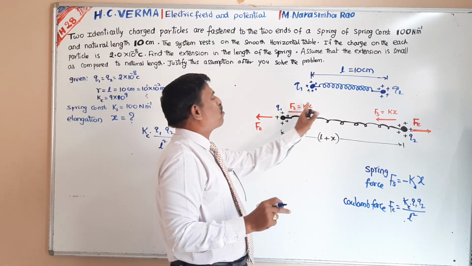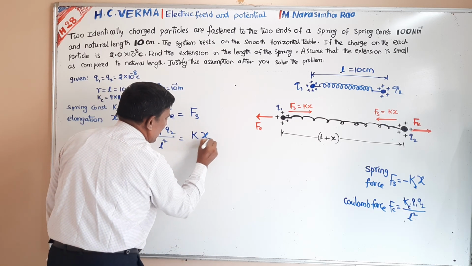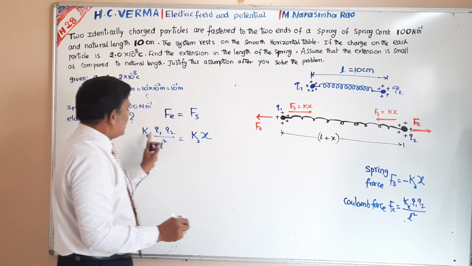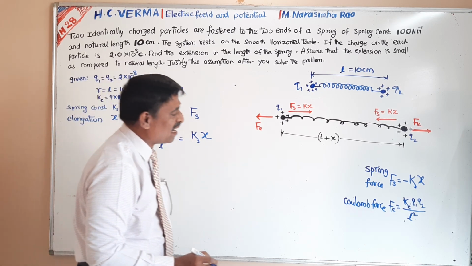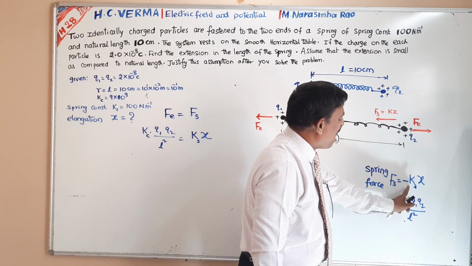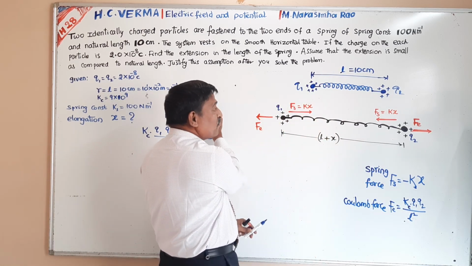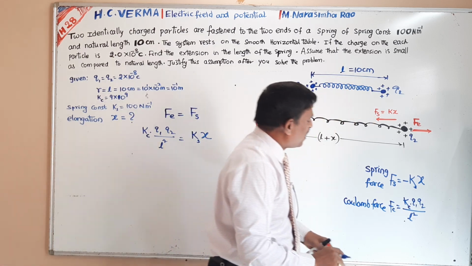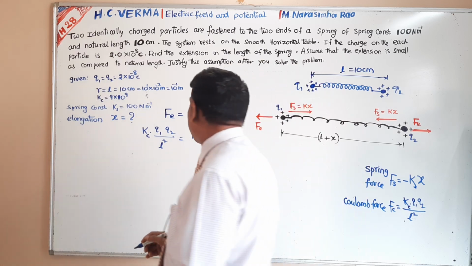The spring force formula is kx. This constant K belongs to the spring, and the other constant belongs to electricity, Coulomb. For that reason I have written a minus sign here. The elongation is on the left side and the spring force is on the right side, both are opposite in direction.